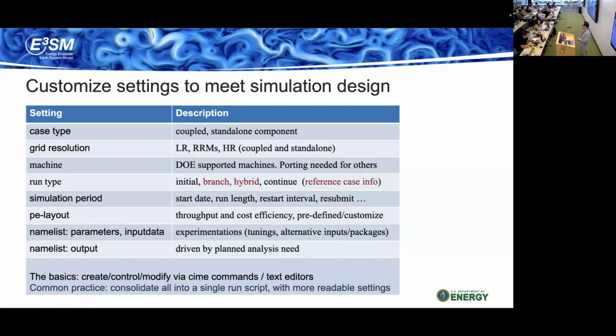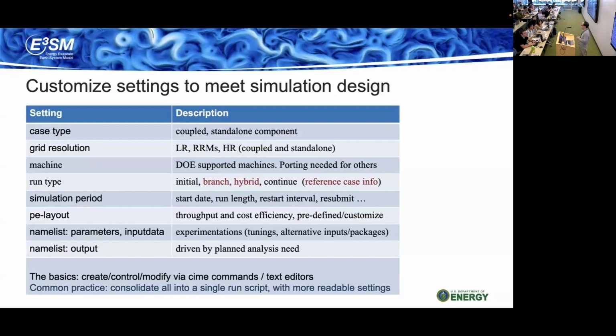And in order to manage the simulation, you may want to regularly save restart time points in order to continue the simulation and other things. Resubmit, so there will be a next job after the job finishes, because the supercomputer here has a wall time limit. For the machine we are using, the maximum is 24 hours.